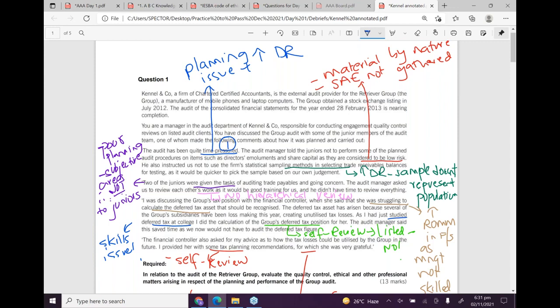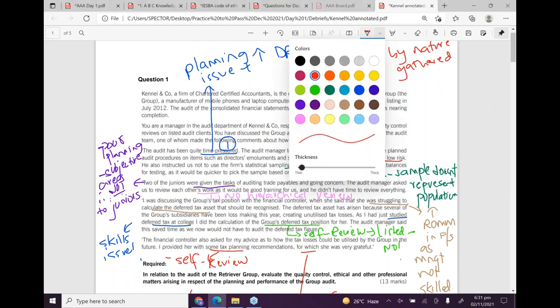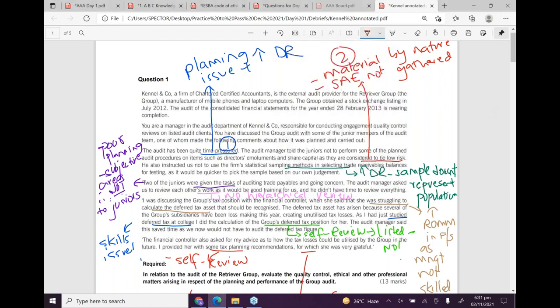Then moving on to the red part, the fact that they feel directors' emoluments are considered to be immaterial is completely wrong. You get 1 mark for saying directors' emoluments are related party transactions, therefore they're material by nature. Another mark for saying that they have not gathered sufficient appropriate evidence regarding a material area.